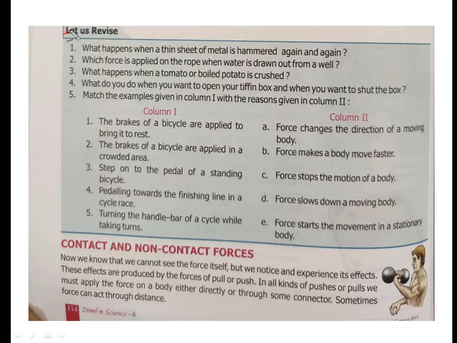Let us revise. What happens when a thin sheet of metal is hammered again and again? You think and tell. What happens when force is applied on the rope when water is drawn from a well? What happens when a tomato or a boiled potato is crushed? So these are some of the questions. Then you can think and write the answers.